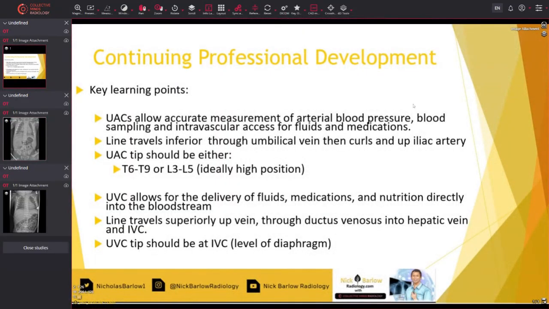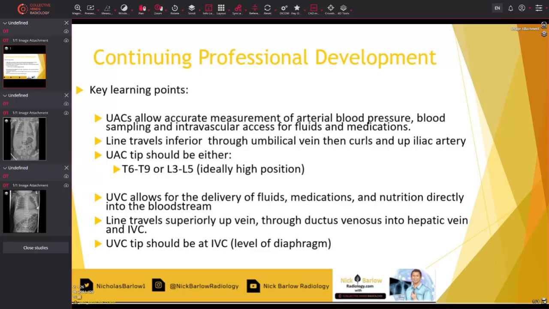Okay, so that's your UAC and your UVC. For your CPD points, I think it's important to know what these lines are for and the key points of being able to assess a position on an X-ray. The umbilical arterial catheters, the UACs, allow for measurement of arterial blood pressure and blood sampling, and they're inserted through the umbilical artery.